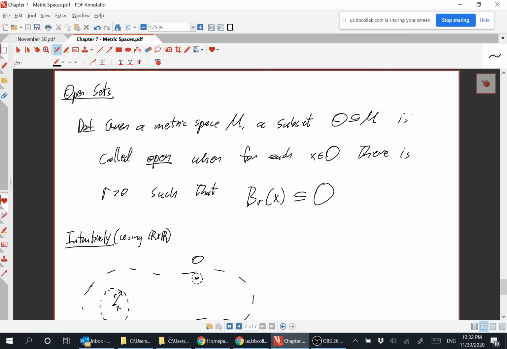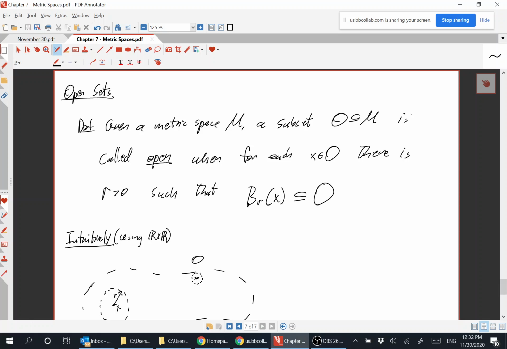And then, a very important concept in metric spaces is the concept of an open set. An open set is somehow a generalization of an open ball. How is it a generalization of an open ball? Well, as follows.